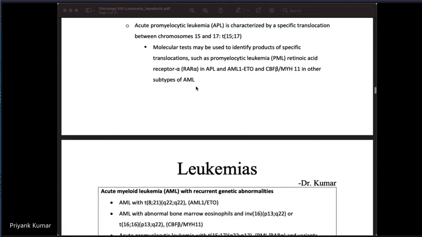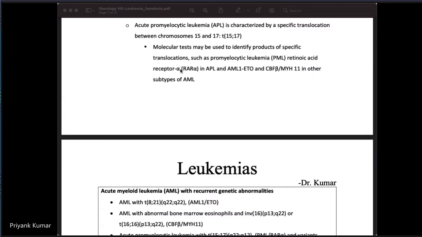Now, for acute promyelocytic leukemia, the translocation is between chromosome 15 and 17, so it's called the t(15;17) translocation. There are some molecular tests used to identify PML. If you want to see acute promyelocytic leukemia, there should be mutations involving the RAR alpha gene.